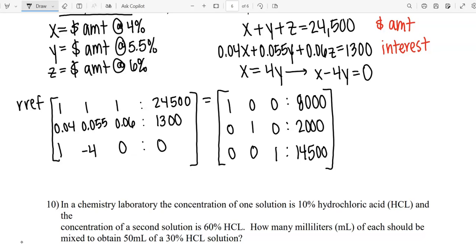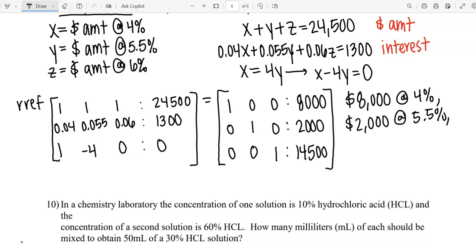I'm okay if your conclusion statement says $8,000 at 4%, $2,000 at 5.5%, and then $14,500 at 6%.